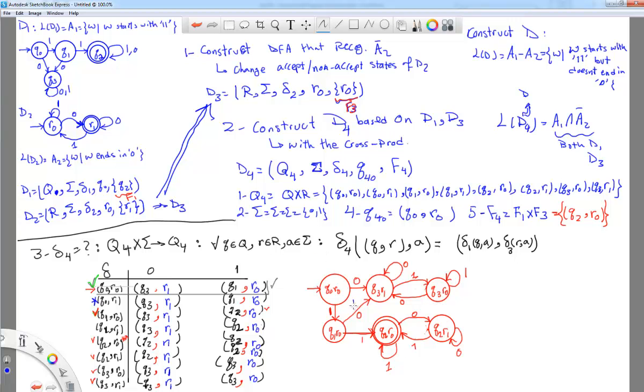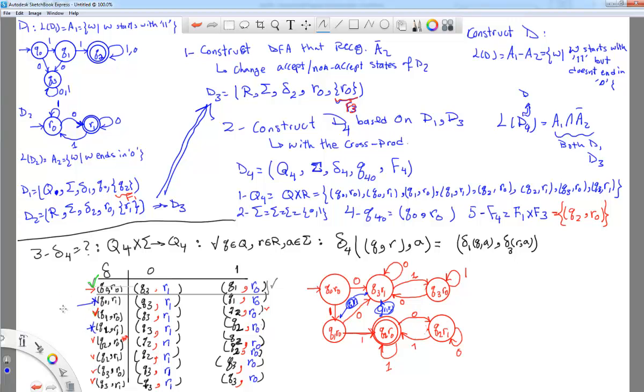So if you want to think about it, this Q sub 0 R sub 1 would be a state down here that would transition into these two states, but it was not reachable. And same with Q sub 1 R sub 1. So Q sub 1 R sub 1 would be a state that would transition between these two states, but it's not reachable from the start states.